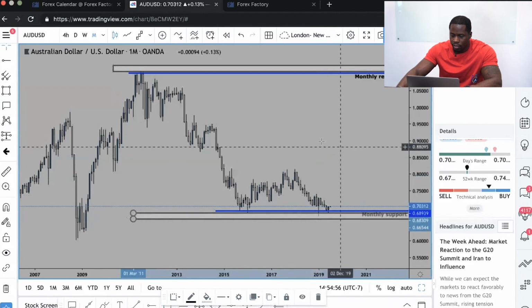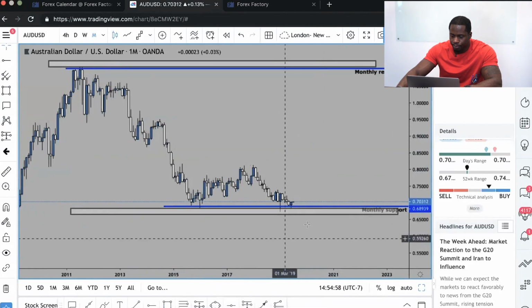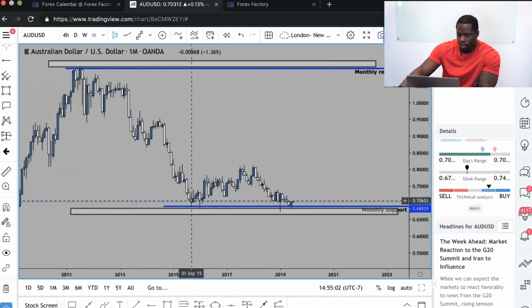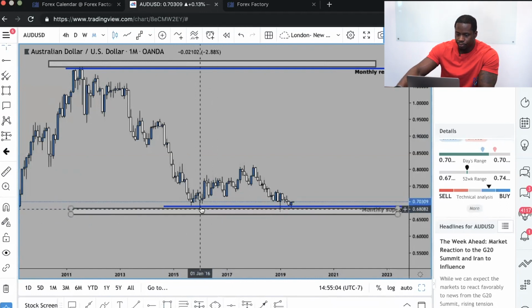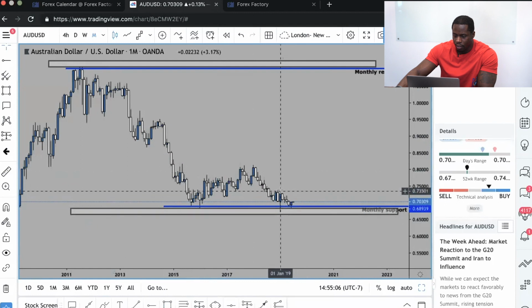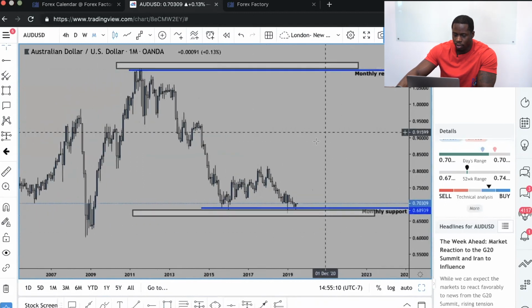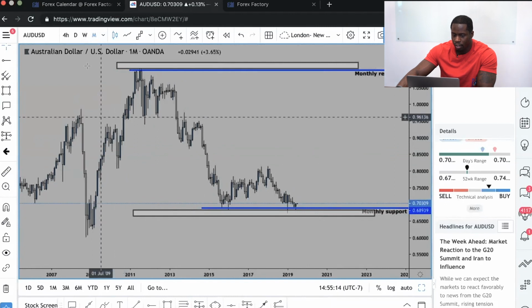All right, so we're definitely at a monthly support, right? You can see here it got rejected from our previous support. Came down, got rejected, went up, and then came right back down into that monthly support, right? So we're gonna be looking for this to be going up, but first we're looking at the monthly, right?